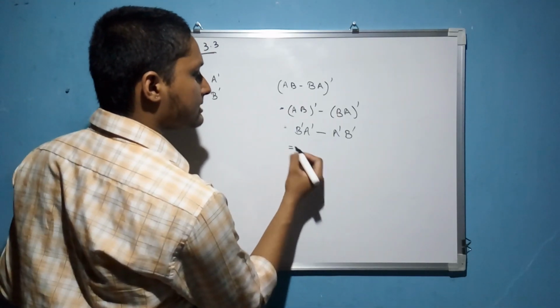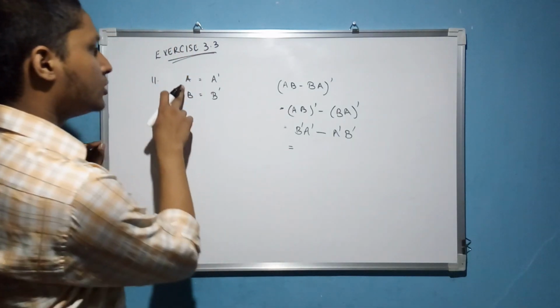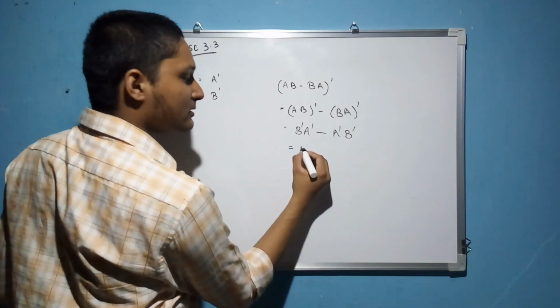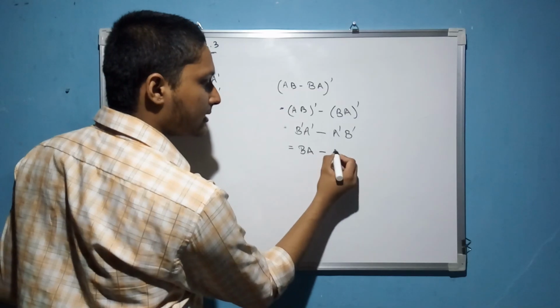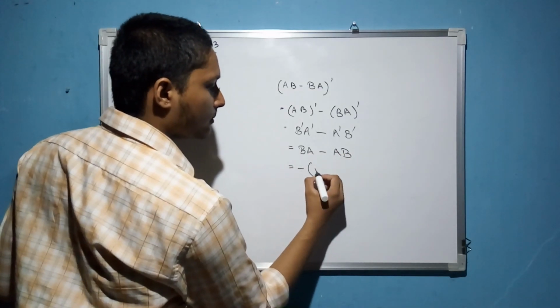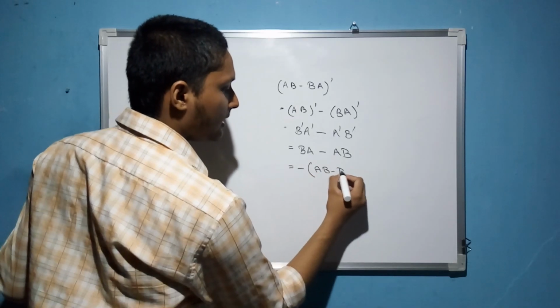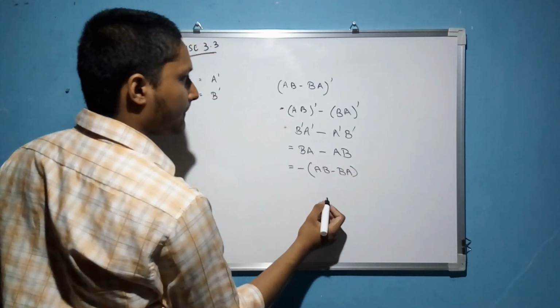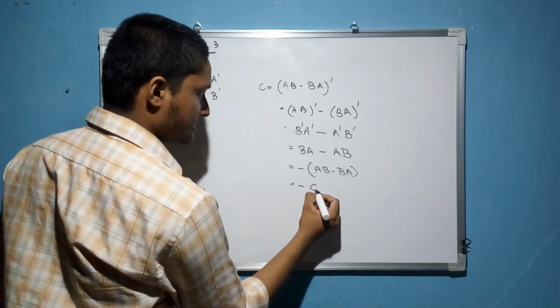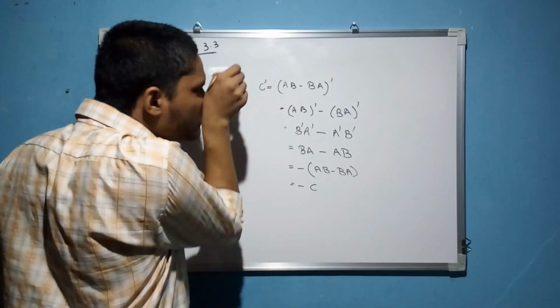So you know that A is equal to A transpose and B is equal to B transpose. So you are going to substitute that. This becomes BA minus AB. That's same as minus of AB minus BA. Okay, if I consider this to be C, then this becomes minus C transpose.